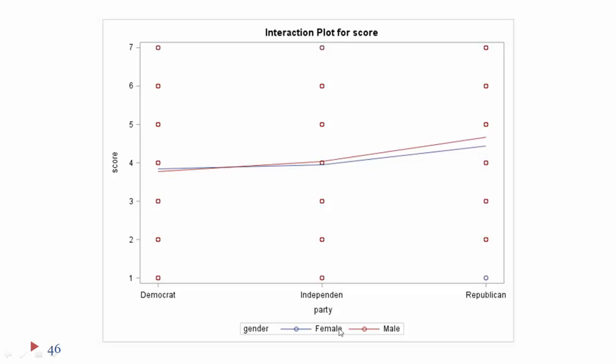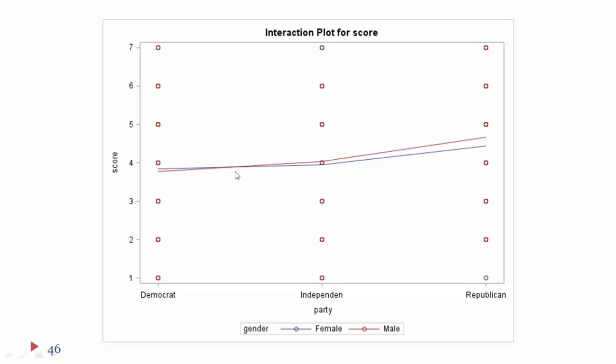You see that the female Democrats have a higher score than the male Democrats, right? And then somewhere in between it changes, and that indicates an interaction. If there were no interaction, these lines would be parallel. Okay, there would be no crossing, there would be no interaction.